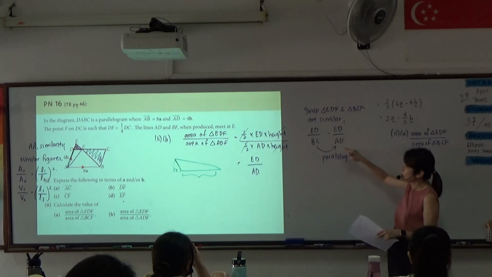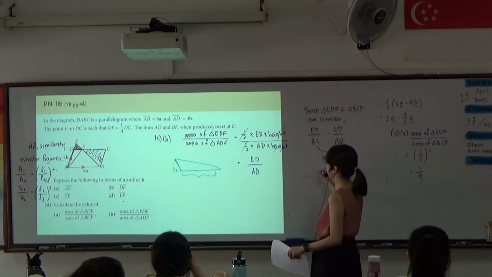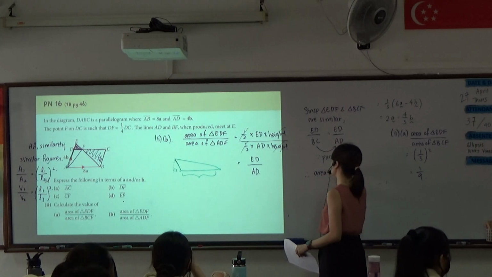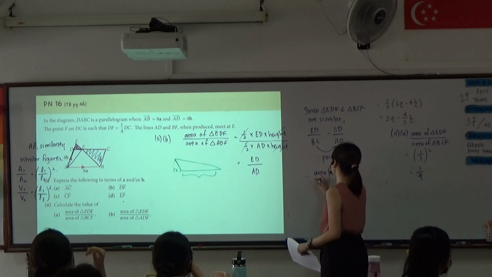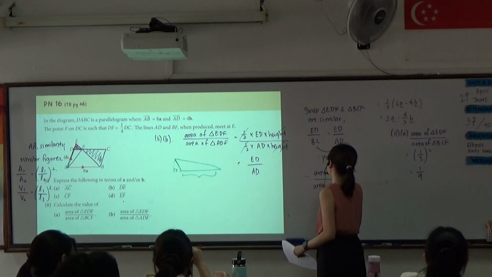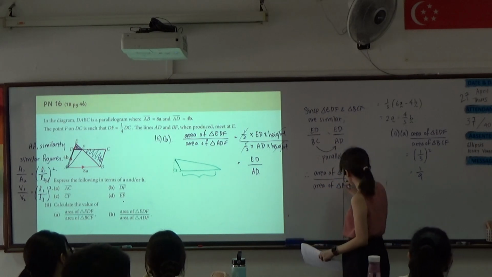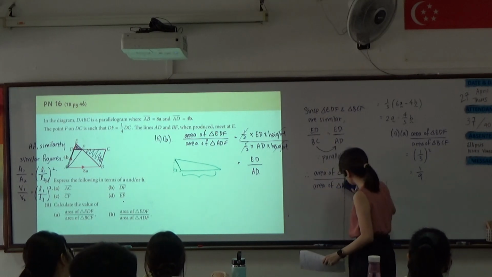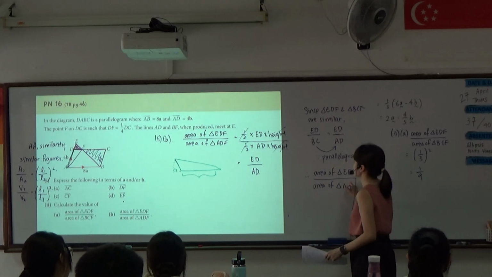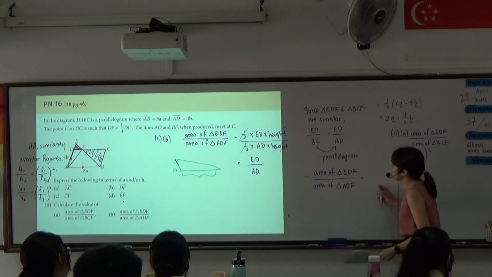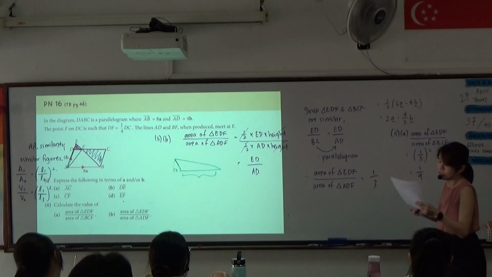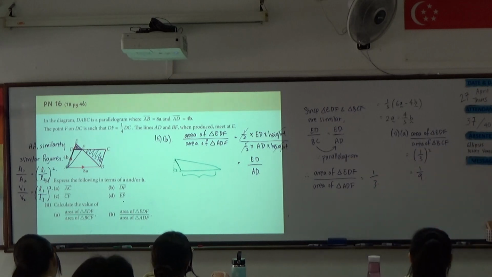So therefore, our ED over AE, or to be precise, the ratio of the area that we're trying to find, will just be 1/3 itself.